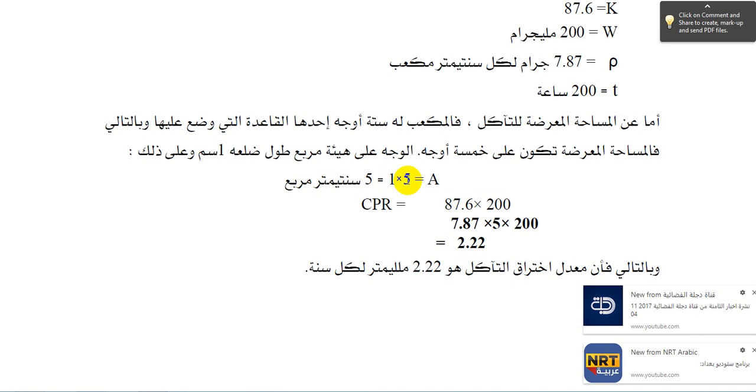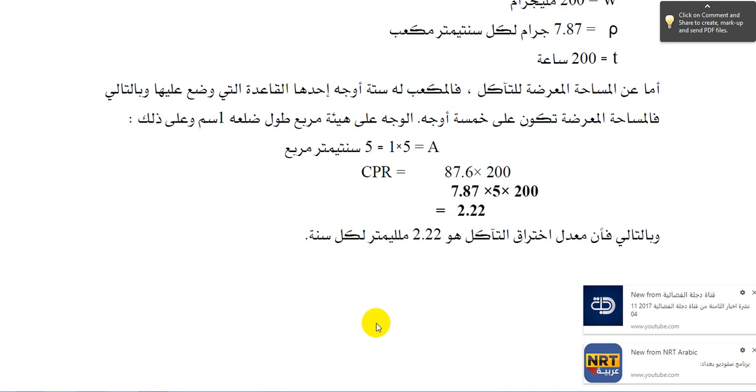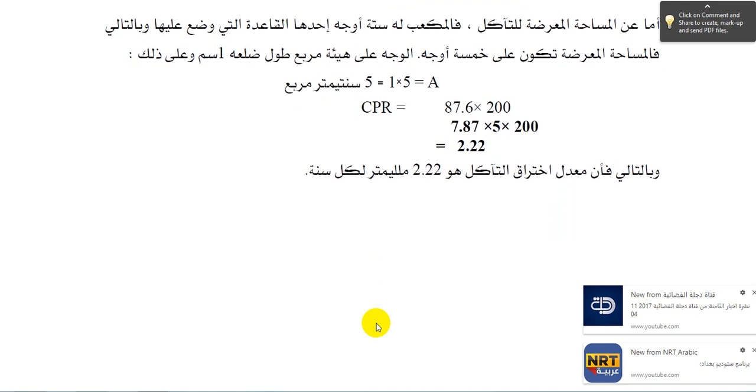This equals 2.22. Consequently, the CPR is 2.22 millimeters per year.